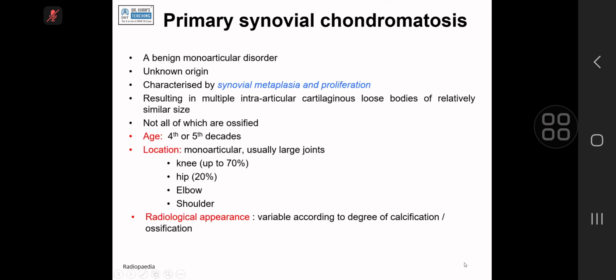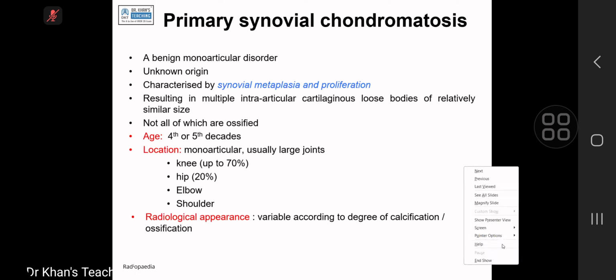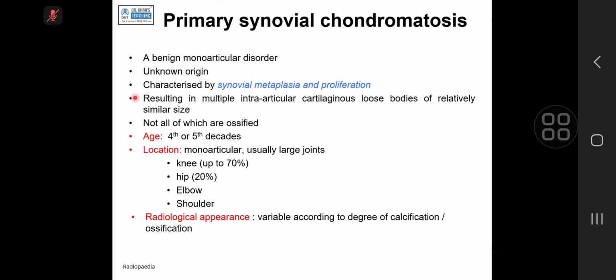Then what happens is that the proliferates get detached and they go into the joint space. They become loose bodies. Initially, they are cartilaginous, then they can be ossified over time. And so that is why the signal intensity can be variable.